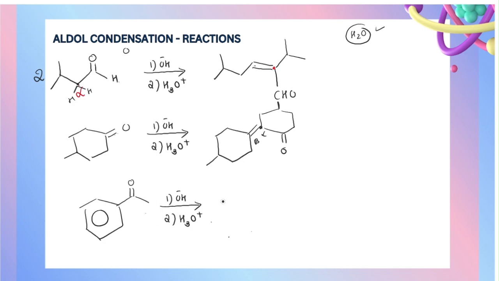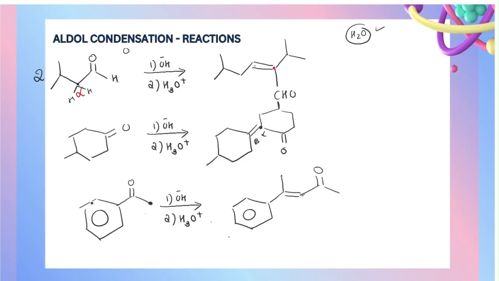Now let's check for the last molecule. So here we have an aromatic ketone, right? So you see here are the alpha hydrogens. So carbon oxygen double bond, you make it carbon carbon. And this will be the alpha carbon. So therefore it must be attached to a ketone like this.